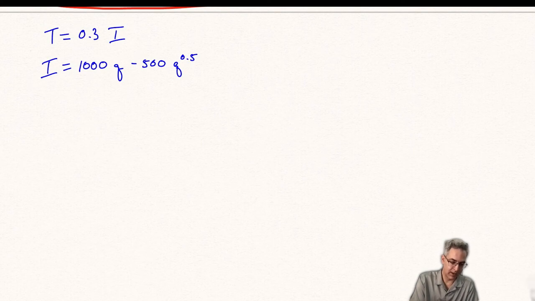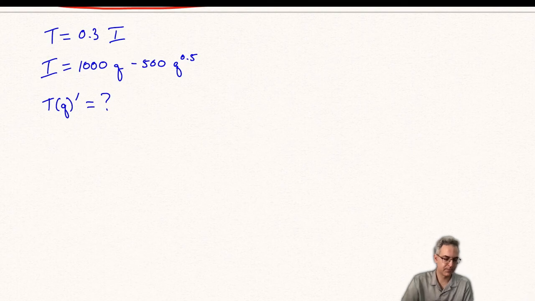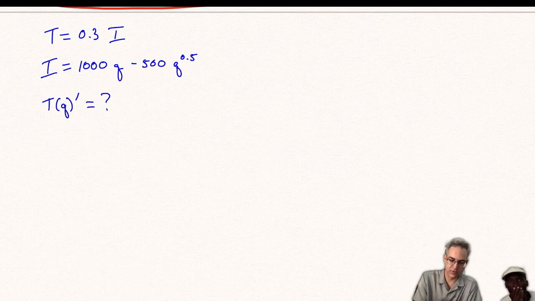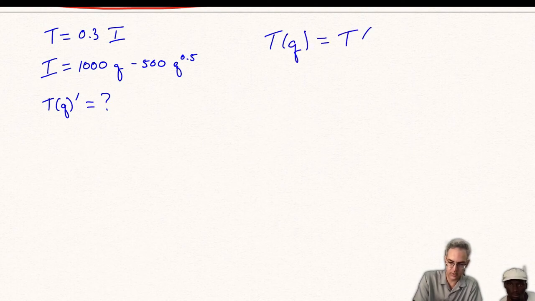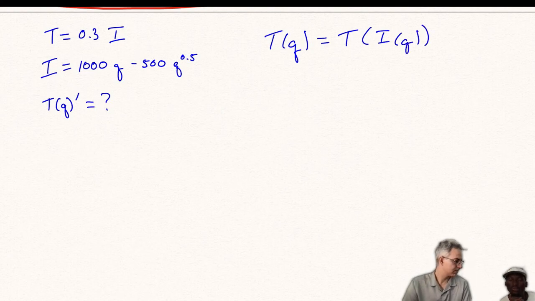And what we are asked is, what is t of q prime? But now you look at it and you say, well, t is not a function of q. T is a function of I. I is a function of q. So t of q is actually t of I of q. That's how I get t of q.